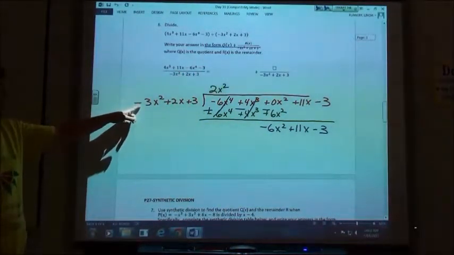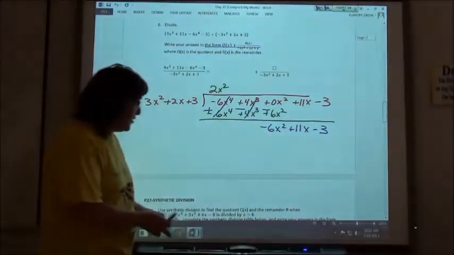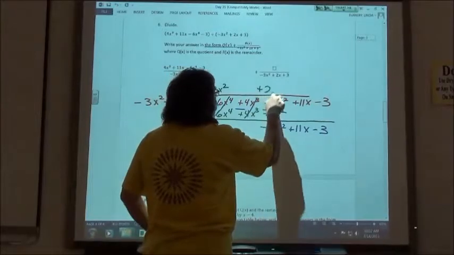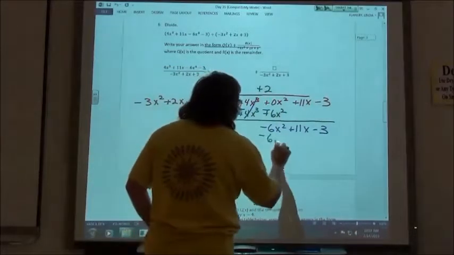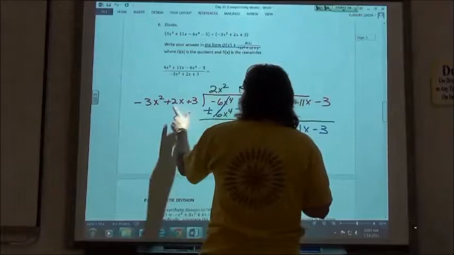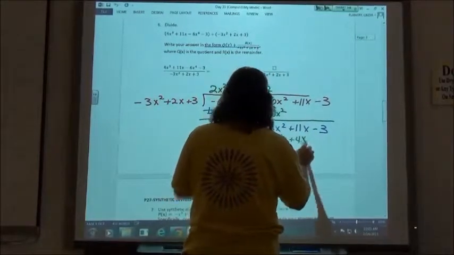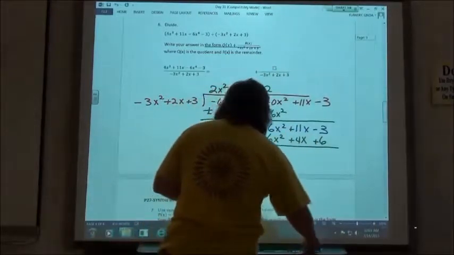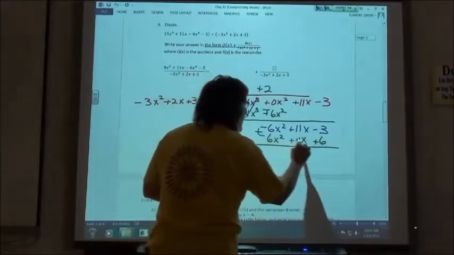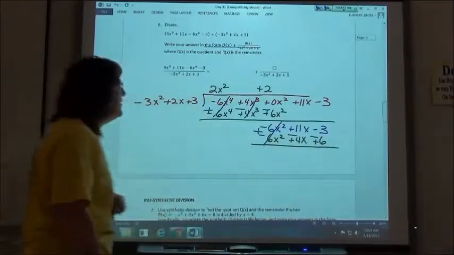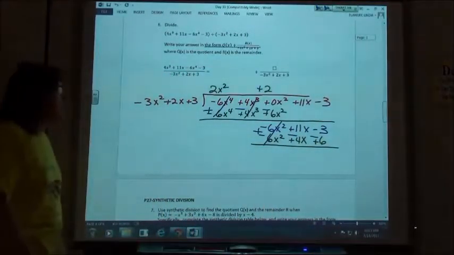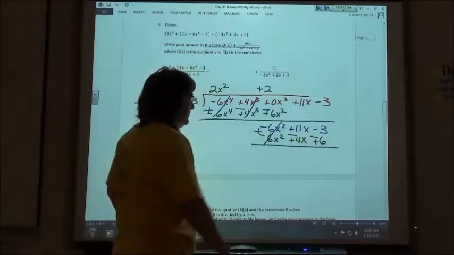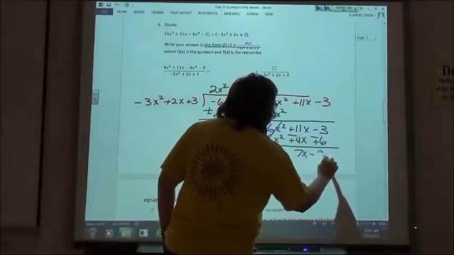So what times negative 3x squared gives us negative 6x squared? Positive 2. So we get negative 6x squared. 2 times 2x is plus 4x. 2 times 3 is plus 6. And so when we subtract and change all our signs, we're going to bring down 7x minus 9.